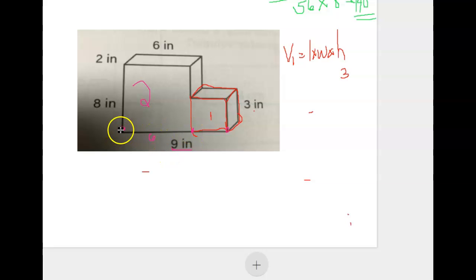Therefore, if the total length is 9, and from here to here is 6, how long do you think is this side? So we are going to subtract 9 minus 6, which is the length of the other box. Therefore, the length here is what? 3. Okay? So we now have the length, we now have the height.